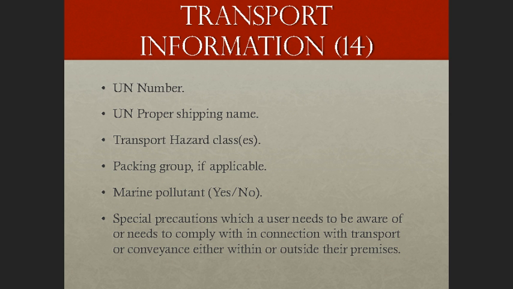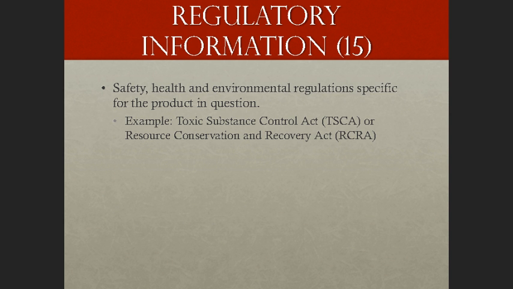So this seems to be 100% a Department of Transportation type requirement, and so you can obviously see the background there. And we might see international transport information on some safety data sheets as well from other countries that are either imported or exported via a shipping port of some sort.